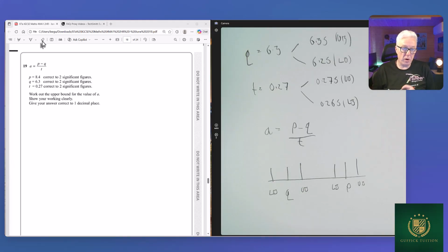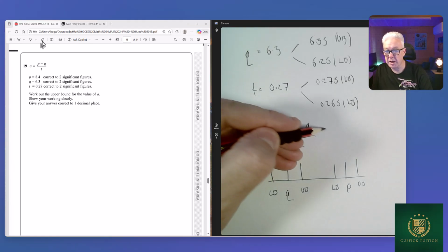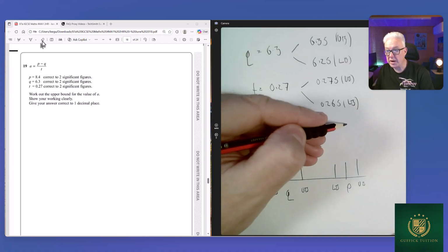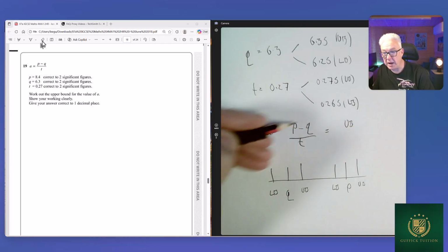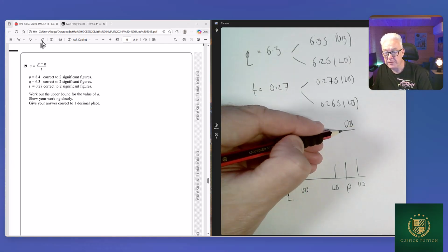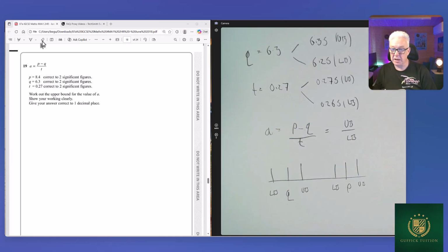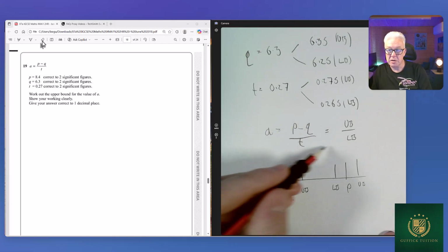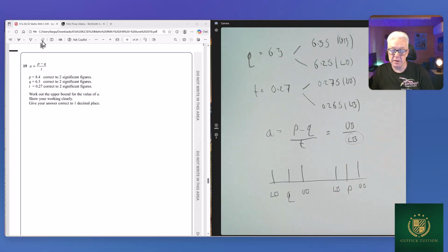Now, when you want an upper bound for a quotient, that means you need the biggest thing in the numerator, so we want the upper bound of P take away Q, and we want the smallest thing in the denominator, because that's how you're going to get the biggest answer. Remember, when you divide by a small number, that gives you a big number.